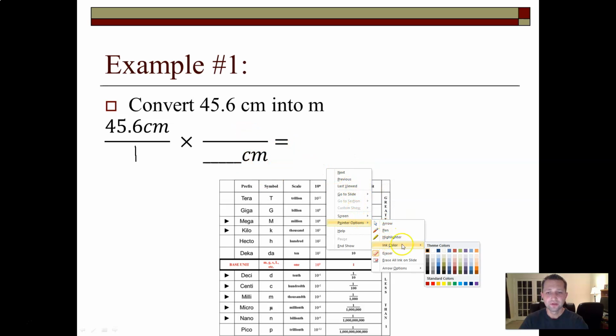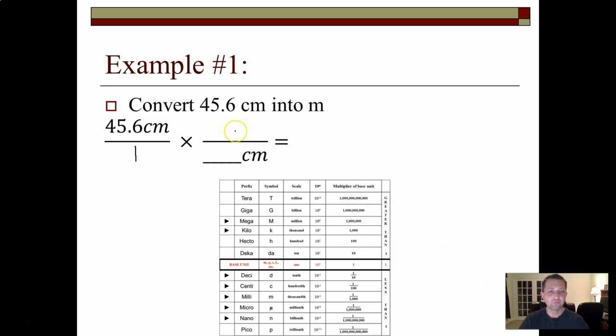So what's going to go on top then? What you want to convert to. I could easily look at my conversion paper and I have my base unit, which is meters. Base unit of meters. And then centimeters is here. So I'm comparing those two things. I can easily do this in one step. I want to convert right into meters on top.